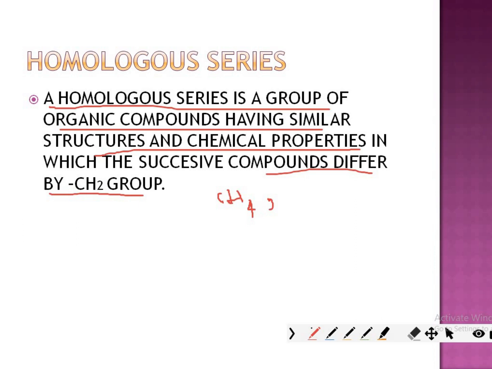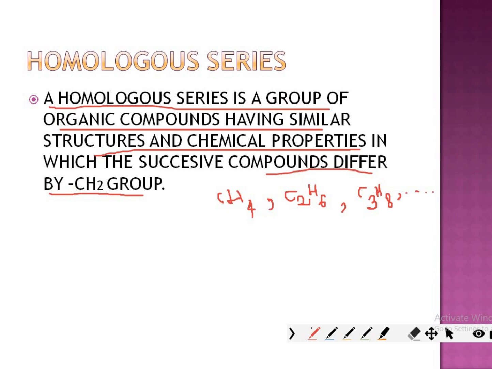Add CH2 to this one, C2H6. We are just adding CH2 to CH4. 2 hydrogens are added and 1 carbon added, so C2H6. Next we will have 1 carbon and 2 hydrogens added, so it will be C3H8. In this way a series will be formed.